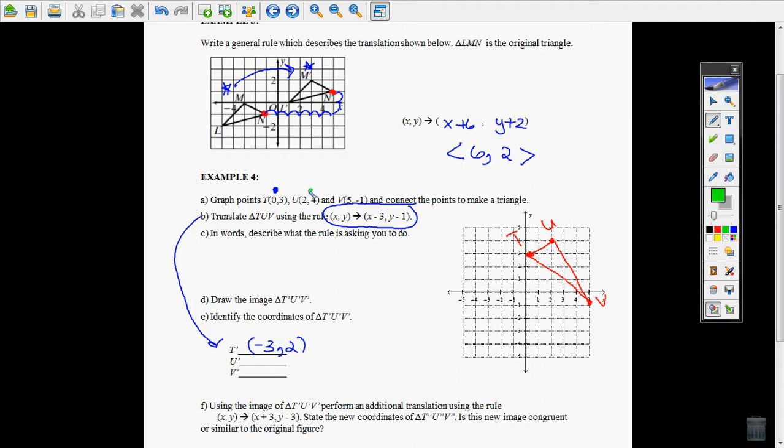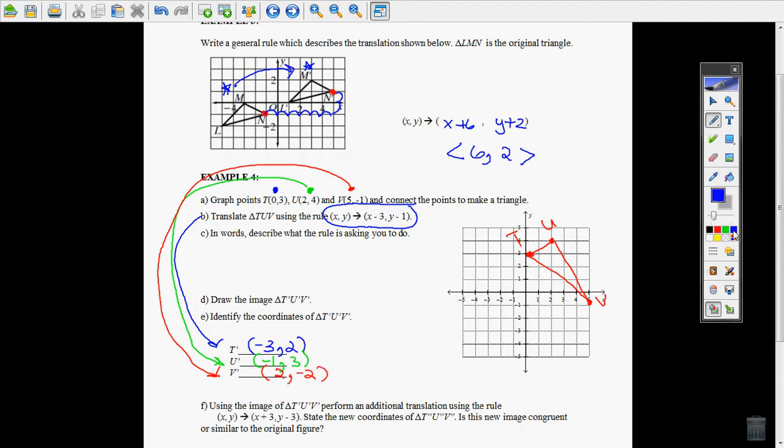Then I'm going to do U. I'm going to subtract 3 from my X and 1 from my Y. So this is going to give me -1, 3. And then I'm going to do the same thing with V, subtracting 3 from my X and 1 from my Y, giving me 2, -2.